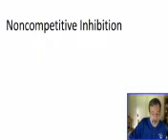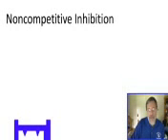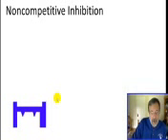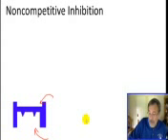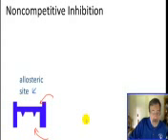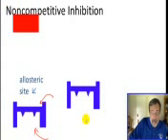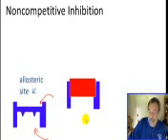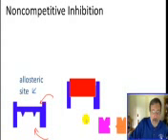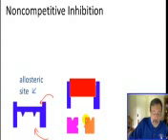In non-competitive inhibition, we are working with what is called an allosteric enzyme. And an allosteric or regulatory enzyme has two active sites. In non-competitive inhibition, the allosteric site, or the second active site, is occupied by the inhibitor, and when the inhibitor occupies that site, it permanently alters the active site so that the reactants do not have access to it.